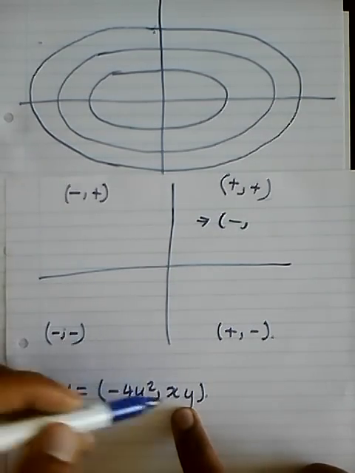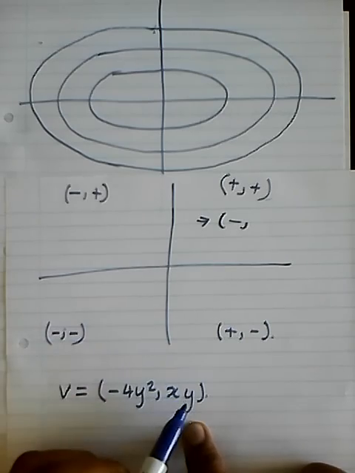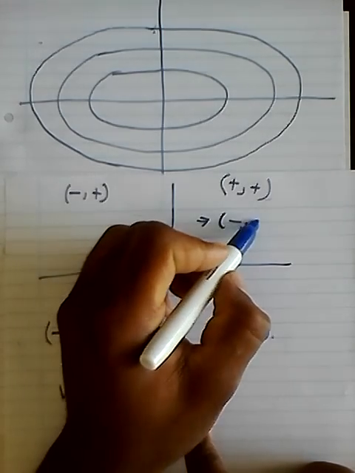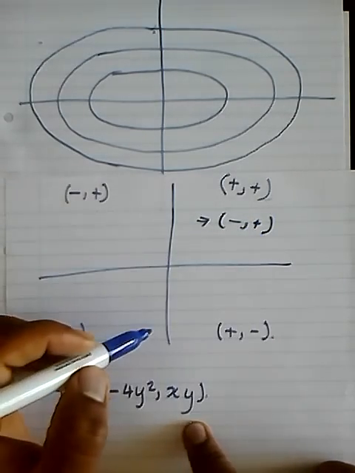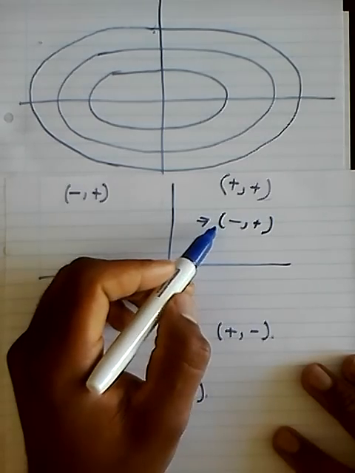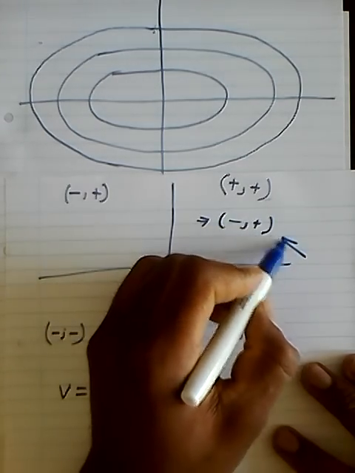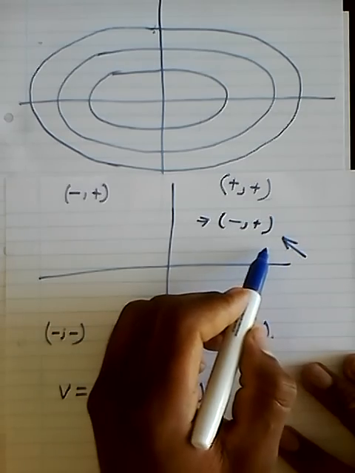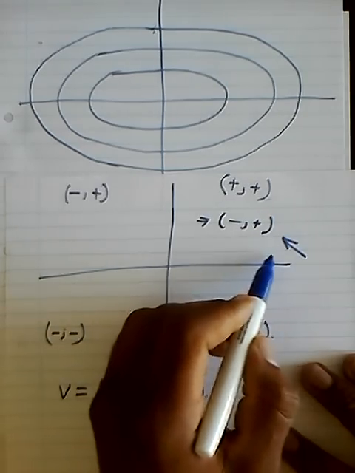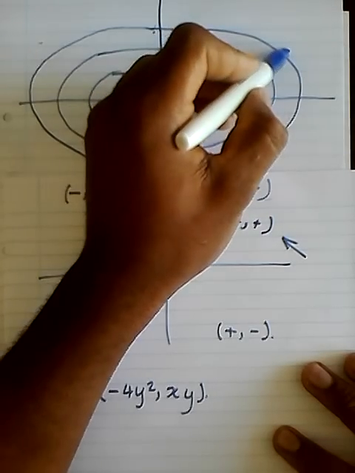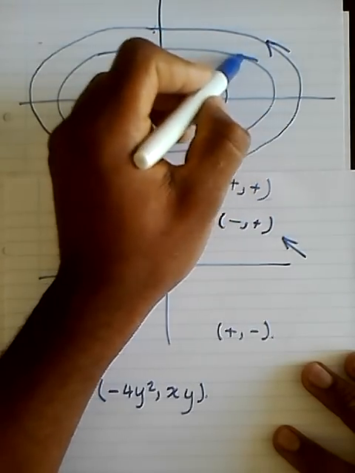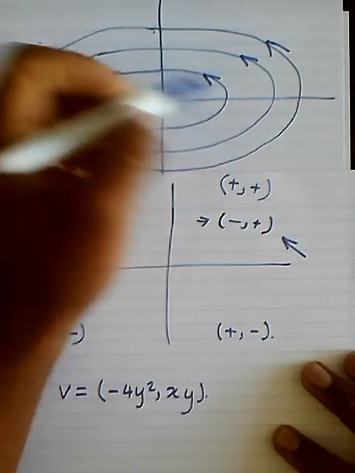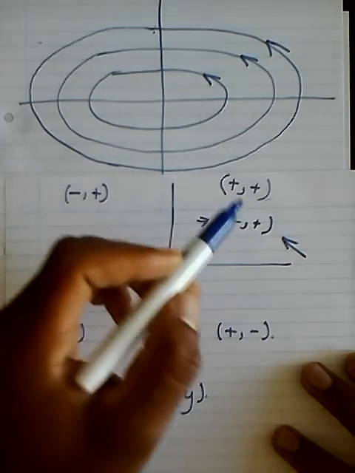And on this side, note that x is positive and y is positive, so we get a positive here. Okay, so the direction of this is given as up and to the left. So that means in this region our orientation is in this form.